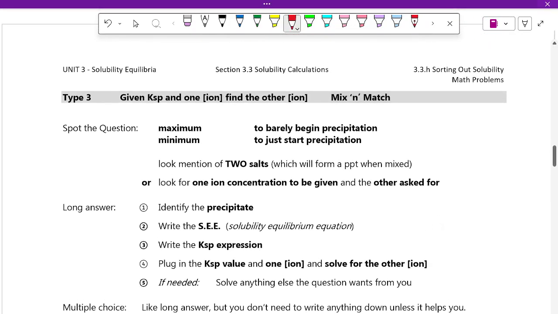Type 3, you will be given KSP, or it will be on the table. And you will be given one ion, and you'll be asked to find the other ion or other compound.